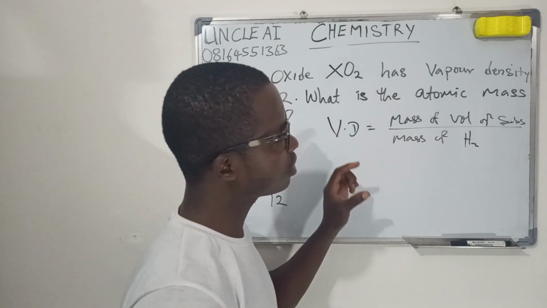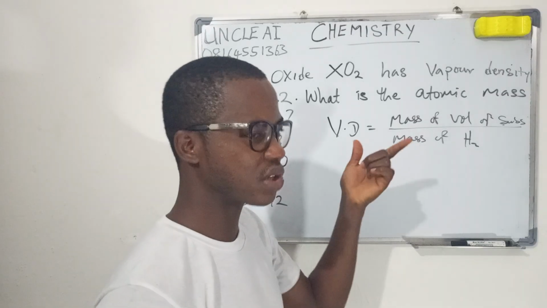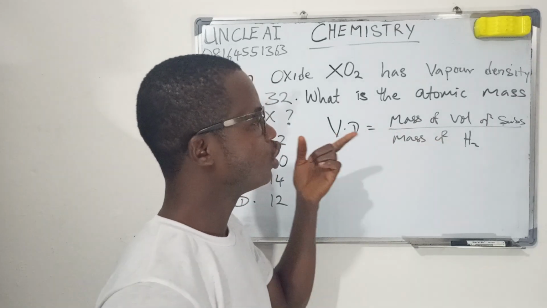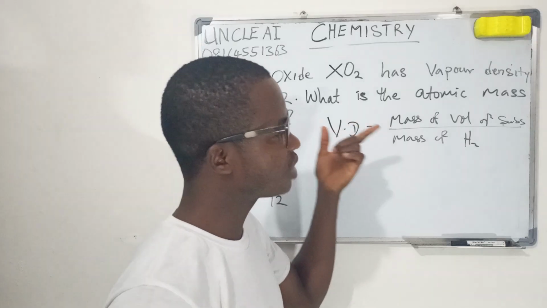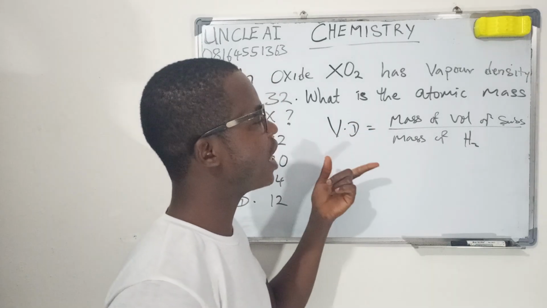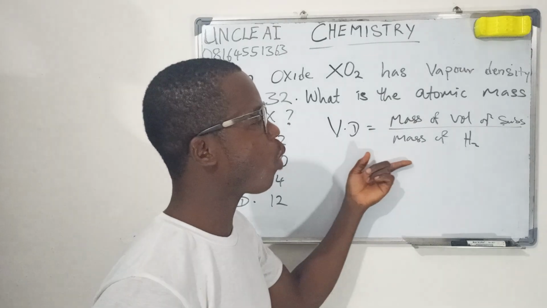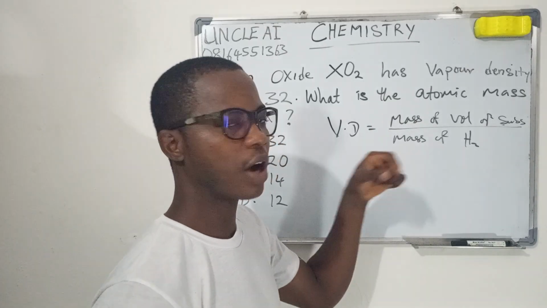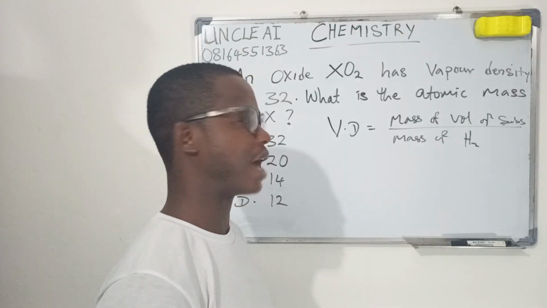This is talking about the mass of a substance. If you are to determine the vapor density of a substance, you have to take the mass of that substance and then compare it with the equal volume of hydrogen gas.